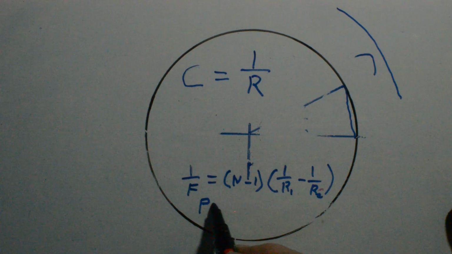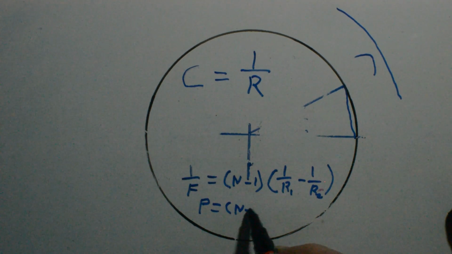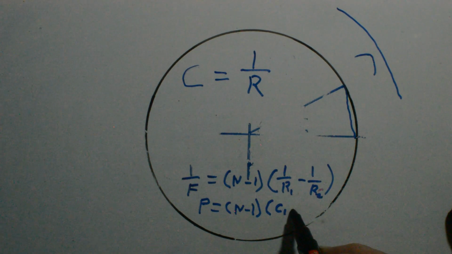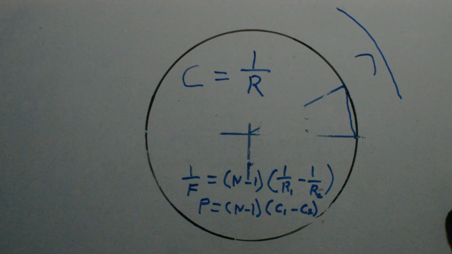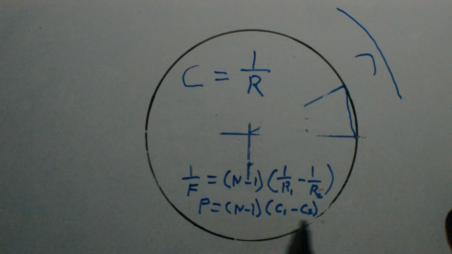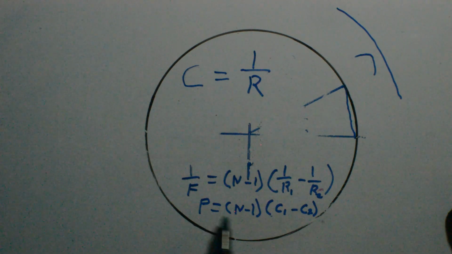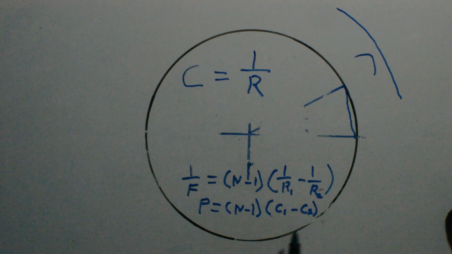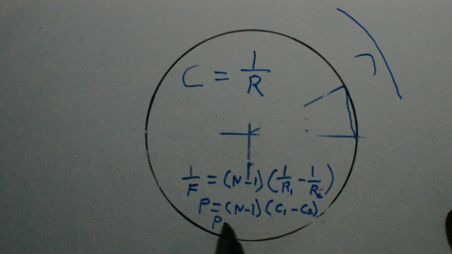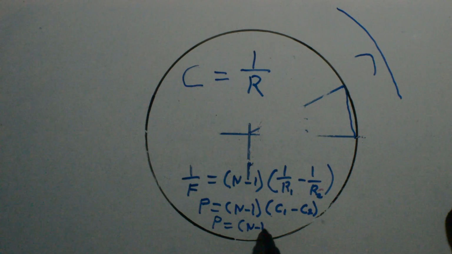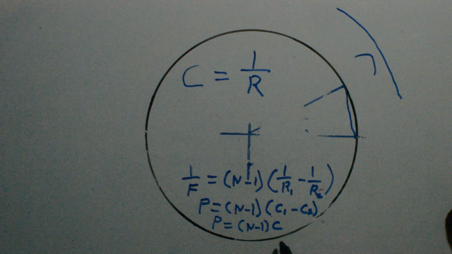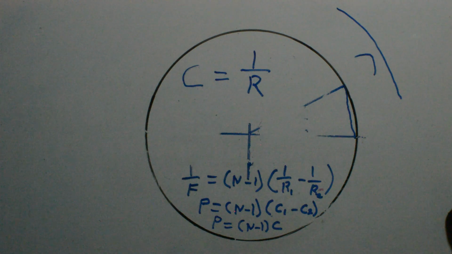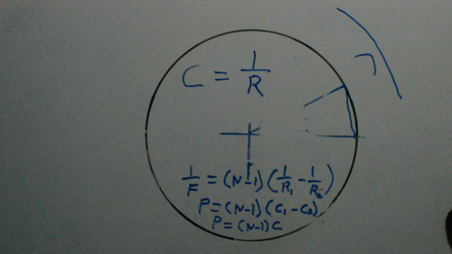Power is equal to n minus 1 times c sub 1 minus c sub 2. And if we consider this total curvature of the lens as just c, we can get P equals n minus 1 times C. This is how optics are normally done. It makes it a whole lot easier to work with.